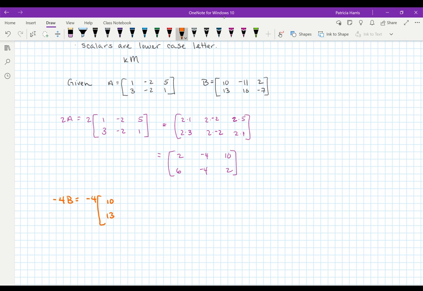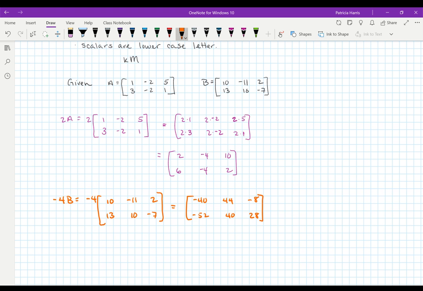You don't have to write out every single step. Okay, so if I were doing this, I would be like, oh, okay, well, that's -40, that's -52, that's +44, that's +40, that's -8, and that's +28.